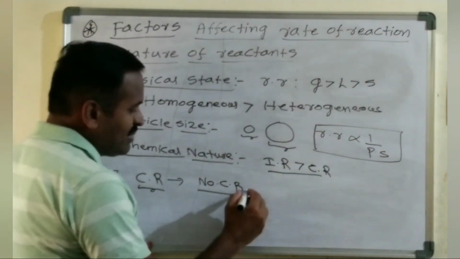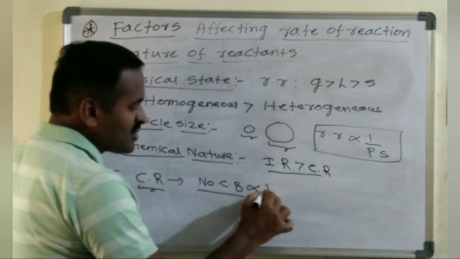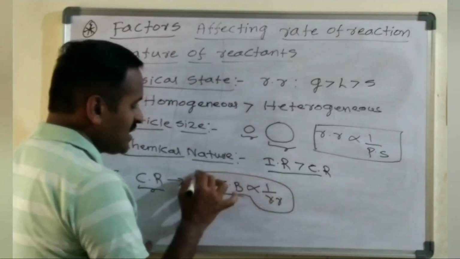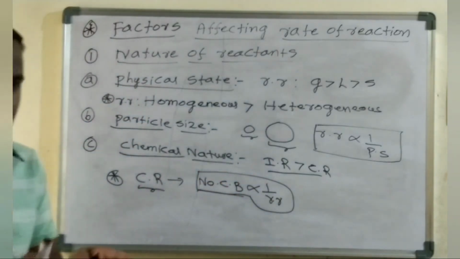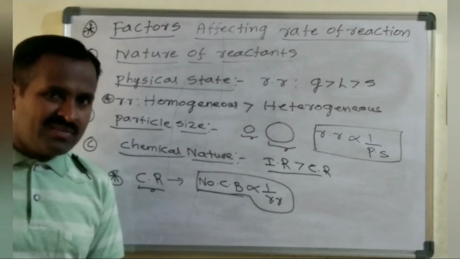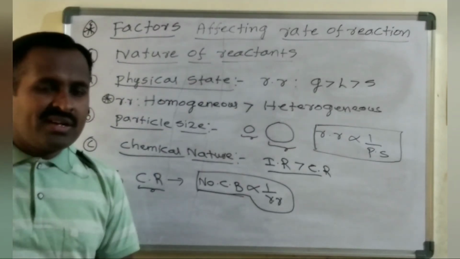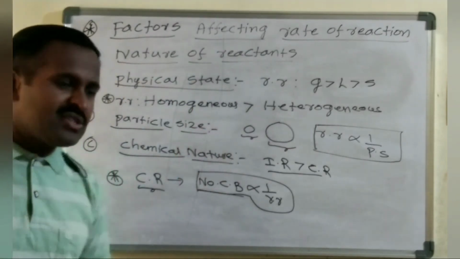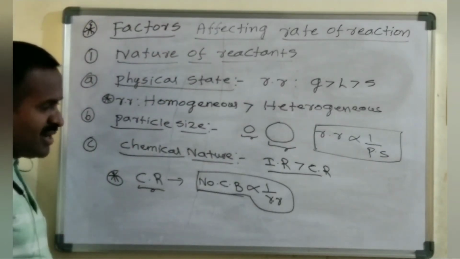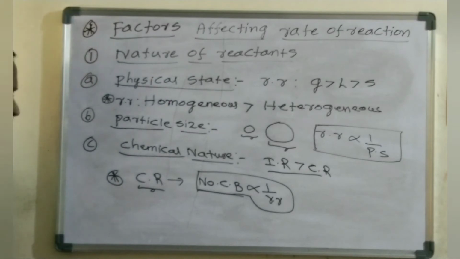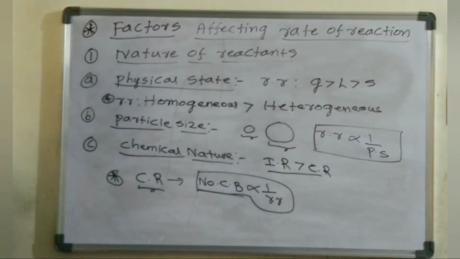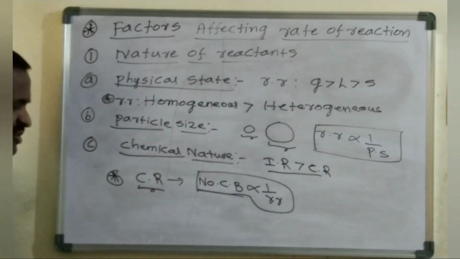The number of covalent bonds is inversely proportional to the rate of reaction. Where there are more covalent bonds, breaking each bond requires more and more energy, and the rate of reaction is going to be somewhat lower compared with the other covalent reactant molecule, right? So this is a simple one: the more covalent bonds there are, the lower the rate of reaction.